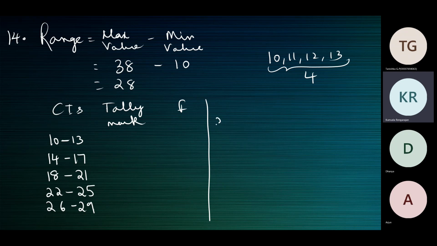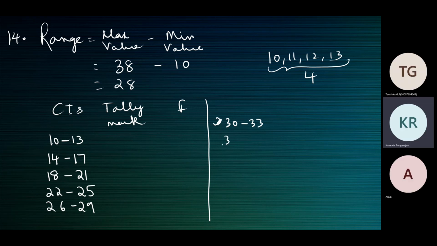Then after 29, 30 to 33. Then 34 to 37, ma'am. Then do you need some more class intervals, or is it enough?